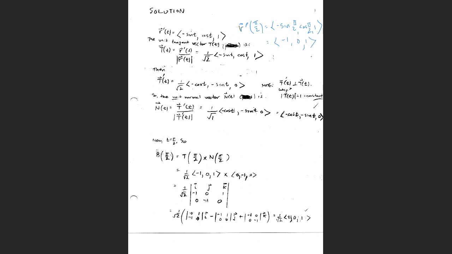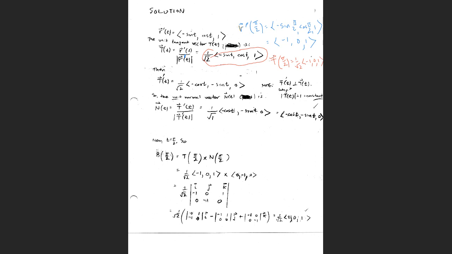So what I did was, instead of using the tangent vector, the tangent vector at pi over 2 would be equal to 1 over root 2 times the vector -1, 0, and 1.